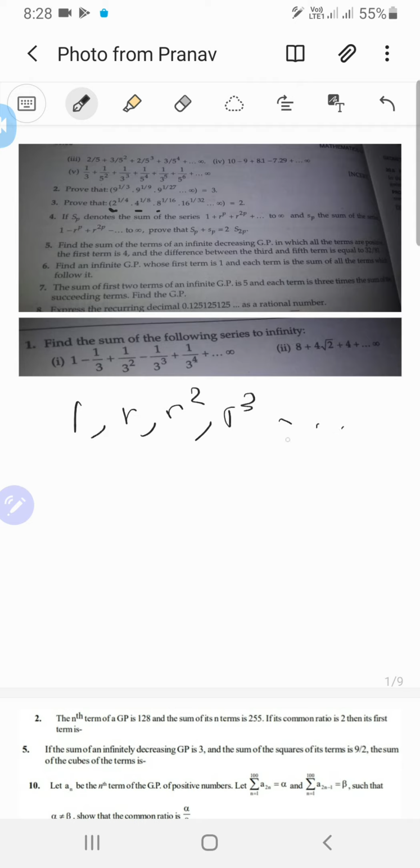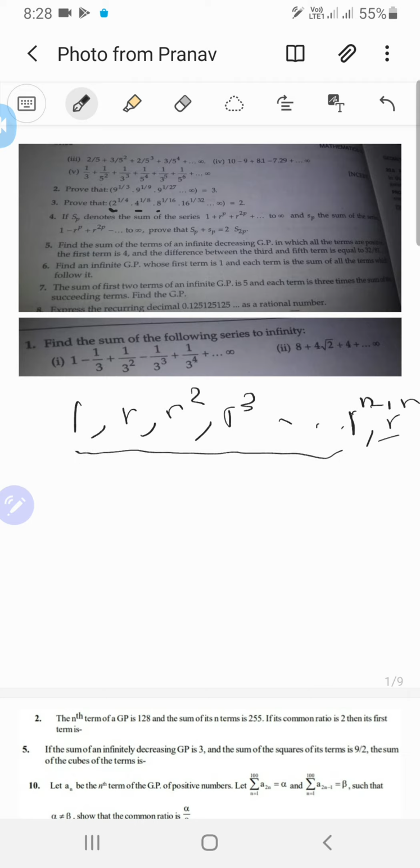It keeps on going till n terms, so you have r to the n minus 1 over there. So this nth term is going to be, just say you will also have r to the n, so this is the n plus 1th term, which is going to be equal to the sum of squares of these.